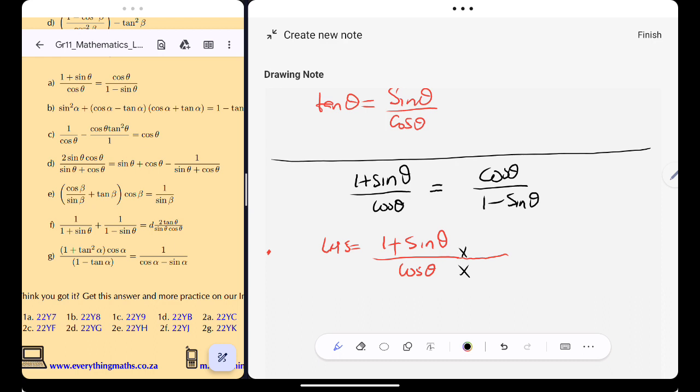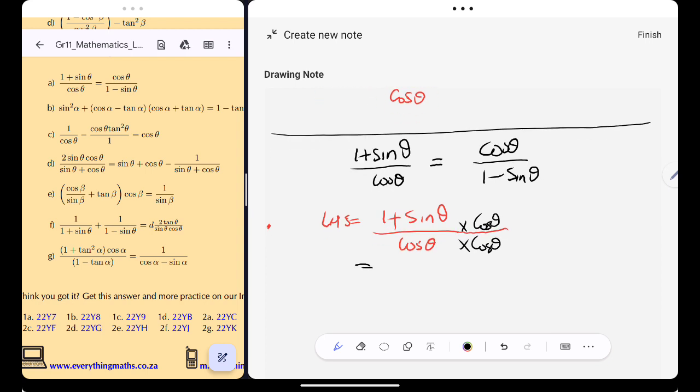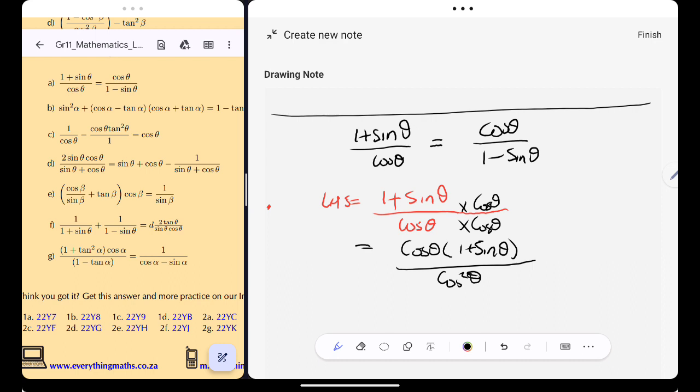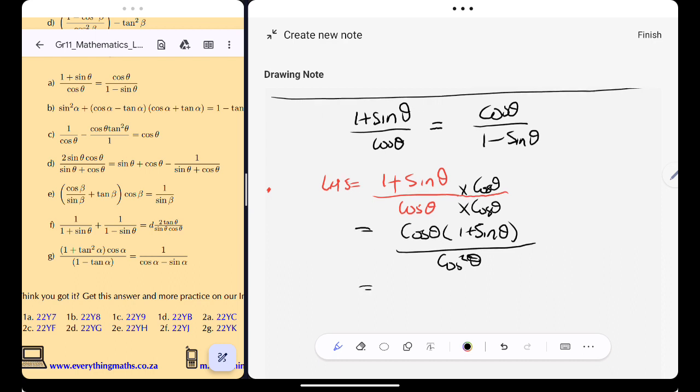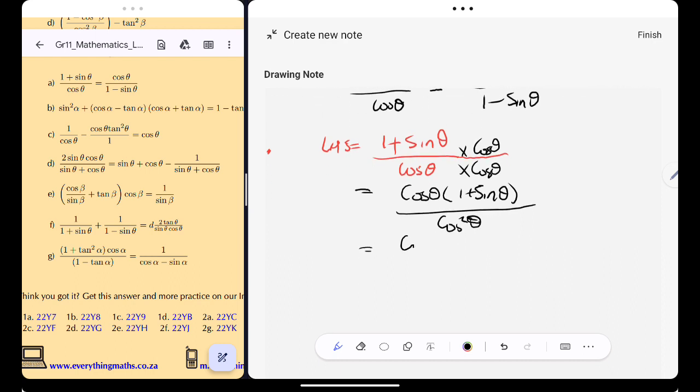So I can just multiply by cos theta over cos theta, which is 1. This thing simply means that at the top I will have cos theta times 1 plus sine theta, all over cos squared theta. There's nothing I've changed so far, but I can apply my square identities.